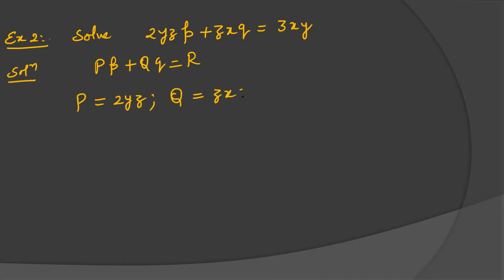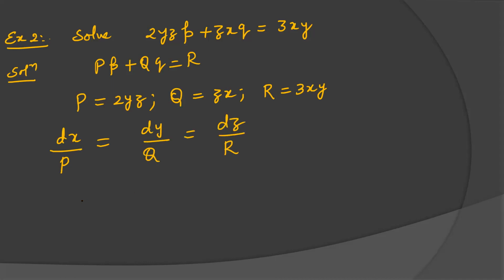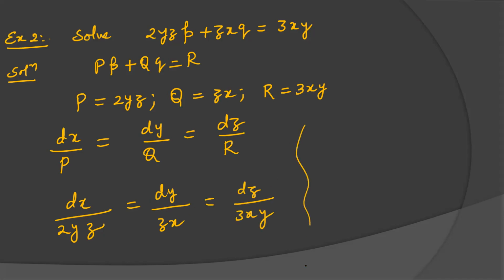That is zx. What is capital R? It is 3xy. So we will do dx upon P equal to dy upon Q equal to dz upon R. So it will be dx over 2yz equal to dy over zx equal to dz over 3xy.